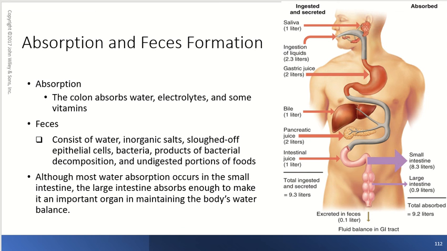Although most water absorption is going to occur in the small intestine, the large intestine is going to absorb enough water to make it an important organ in maintaining the body's water balance. So patients who have had large chunks of their large intestine or colon removed for one reason or another are going to need to be particularly watchful for any signs of dehydration.